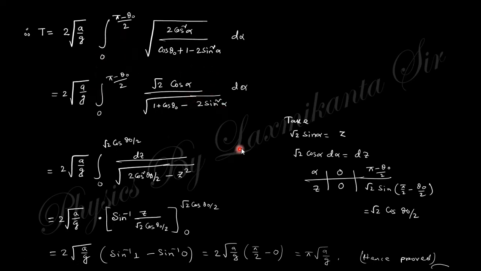Just use this and you will get this relation. Here, taking this root, sin alpha equal to z is another substitution, change the limits with respect to the substitution, put this in the integration, and we get this. Okay, so I think you can do this integration, no problem.